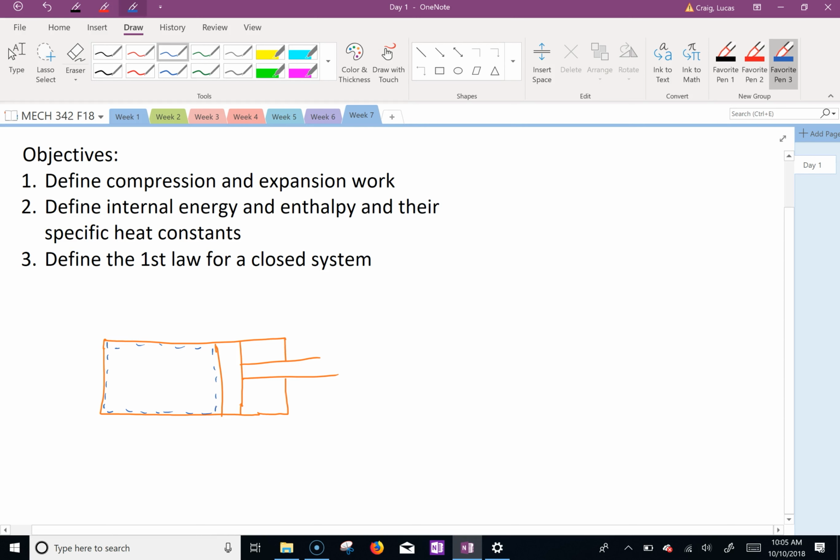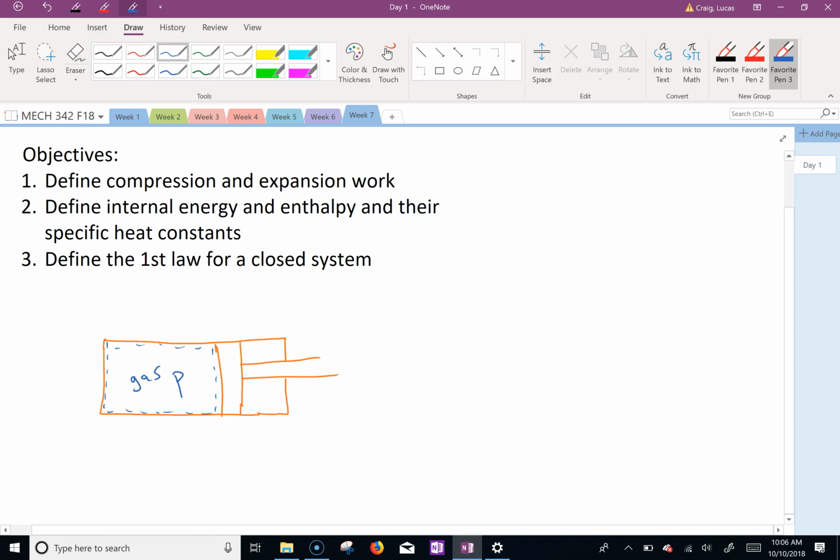So if we take that dotted boundary, this is a closed system, and there's gas in here, and this gas has a pressure.